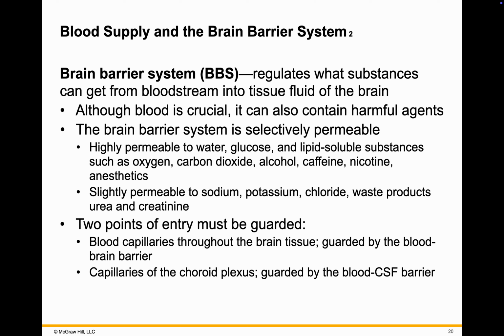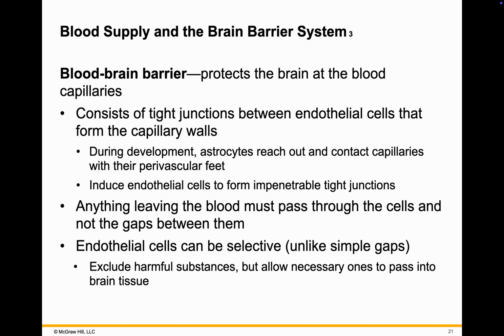The points of entry must be guarded. The blood capillaries through the brain tissue are guarded by the blood-brain barrier, while the capillaries of the choroid plexus are guarded by the blood cerebrospinal fluid barrier. That protects the brain and its capillaries.